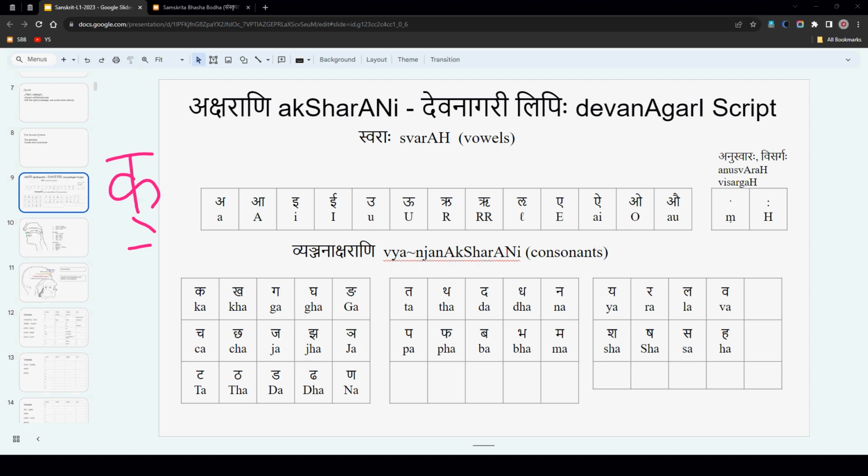Like this k indicates it's a vyanjanam, consonant. Similarly, kha, this is also written with a slant line at the bottom. G is written with the slant line at the bottom, and so on. So that is a written representation of a Vyanjanam in Devanagari.